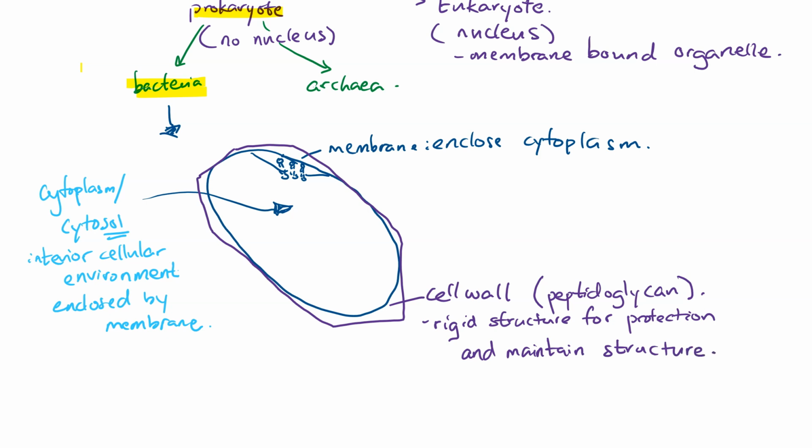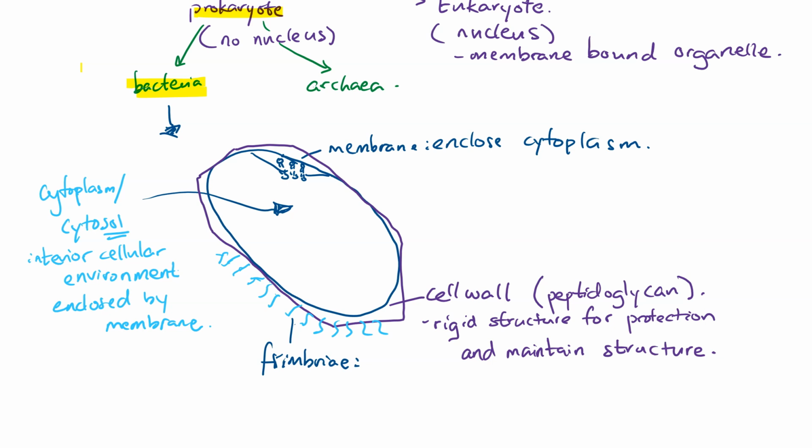Occasionally, around the cells, there are tiny hair-like structures. And these hair-like structures are called fimbriae, F-R-I-M-B-R-I-A-E.